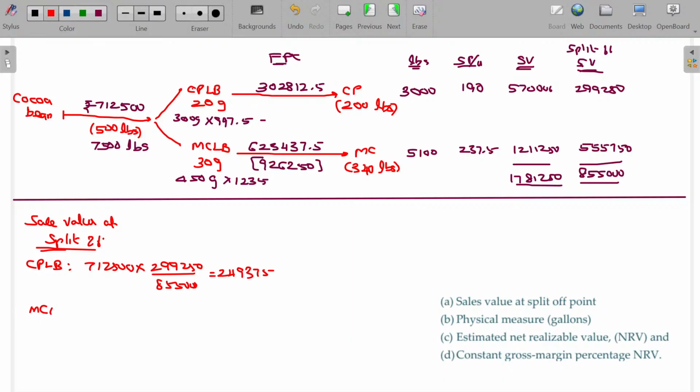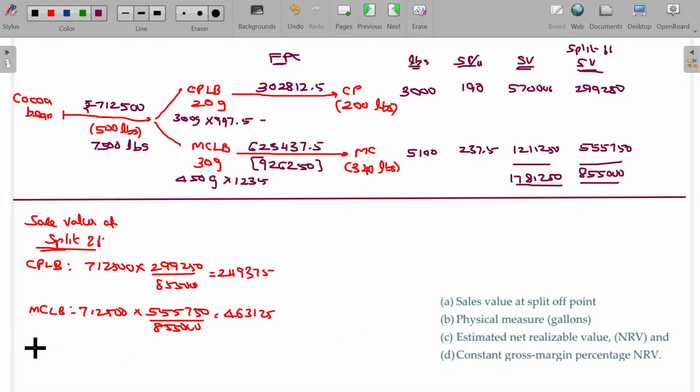Milk chocolate liquor base 7 lakhs 12,500 into 5 lakhs 55,750 divided by 8 lakhs 55,000. 4 lakhs 63,125. Is that okay?